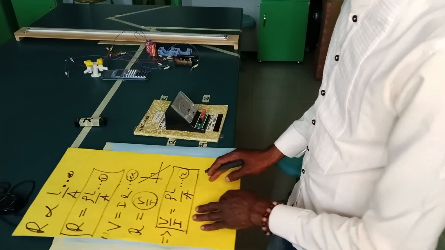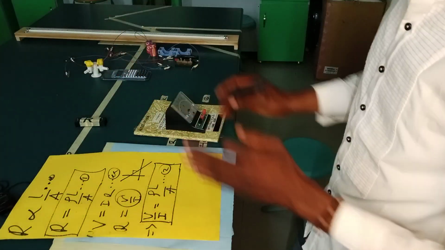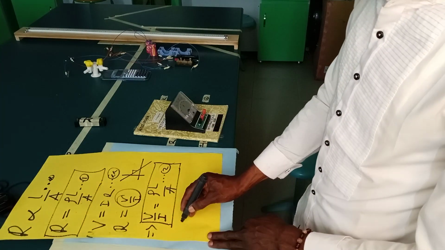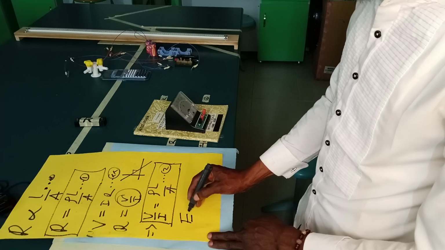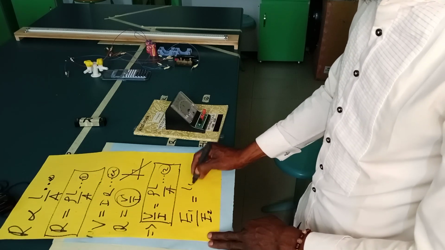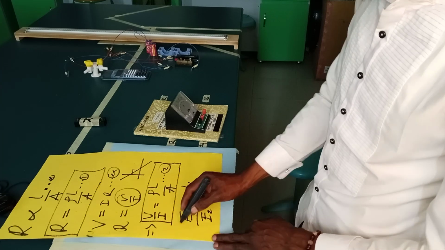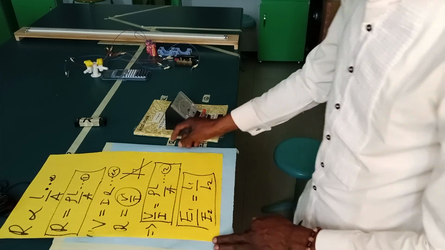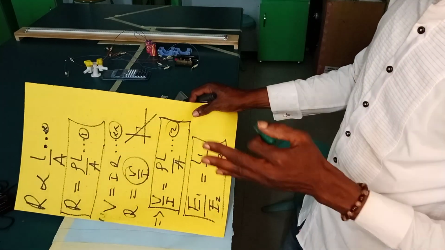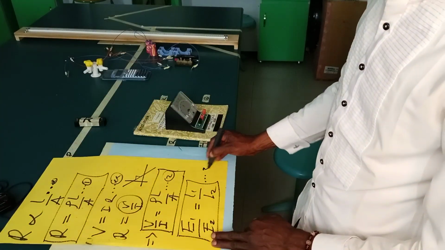Lovely. Now, another equation that is very, very important here is E1 all over E2 is equal to L1 all over L2. These are the possible equations that are going to be used in this potentiometer experiment. We can call this equation number 3.